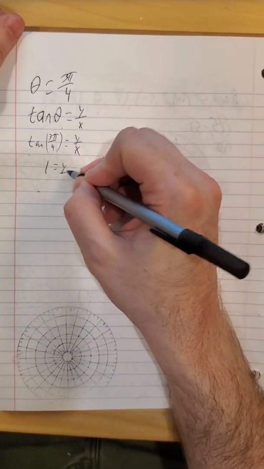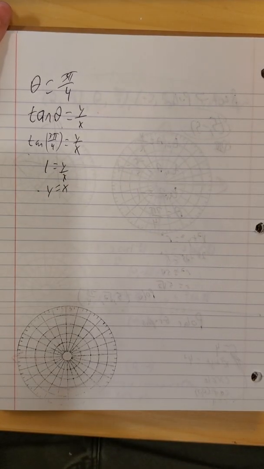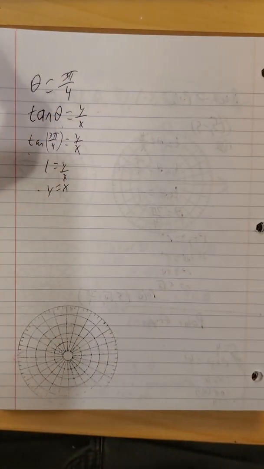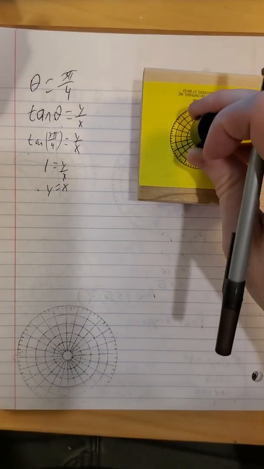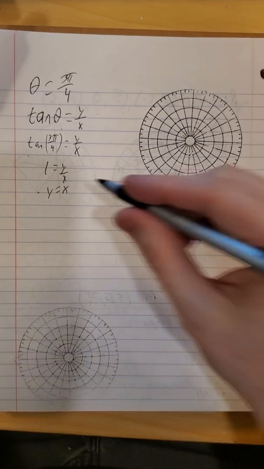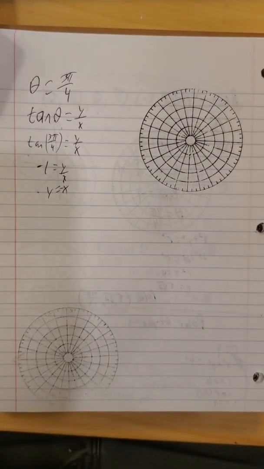So 1 is y over x, so y equals x. So we have basically the identity function. -1, my apologies, y equals -x.